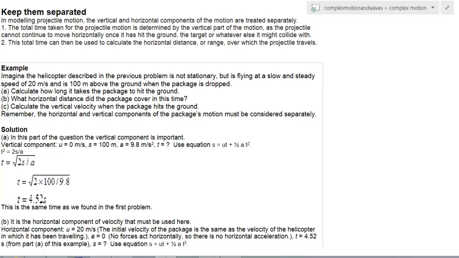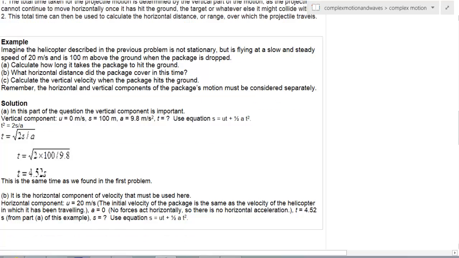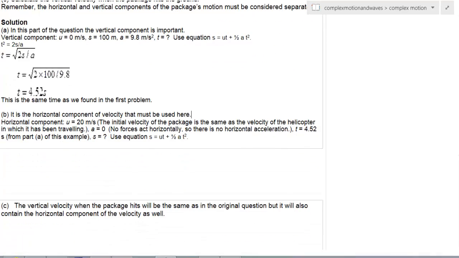Well, it's exactly the same amount of time. So you can use this same equation and you'll get the same answer. The time is 4.52 seconds. The horizontal component, however, has to be used here. So if we use the horizontal component of velocity, what we're using is a simplified example of our horizontal displacement.